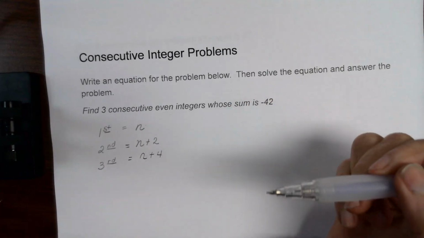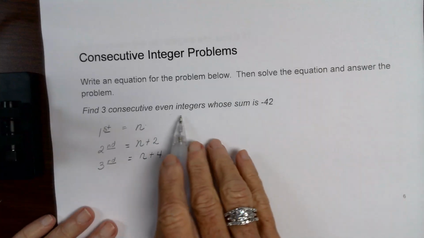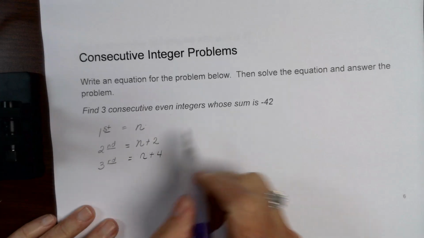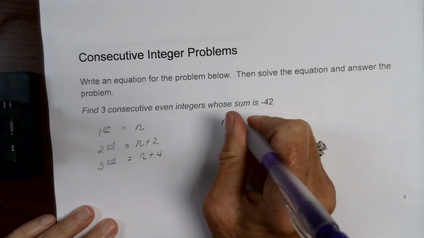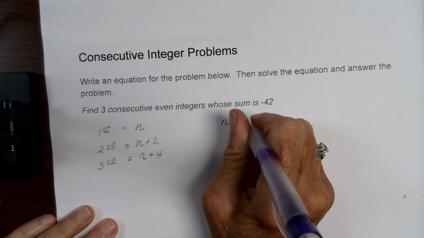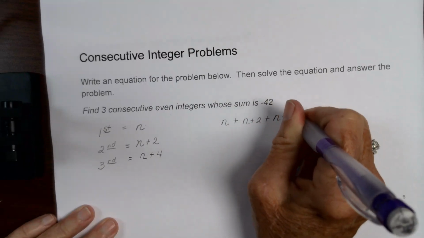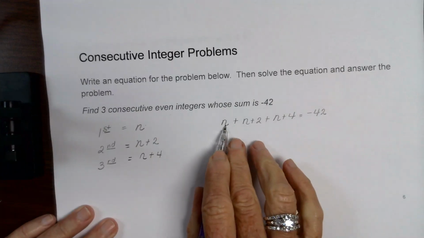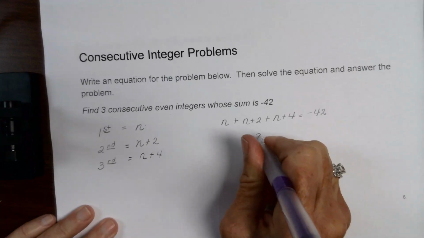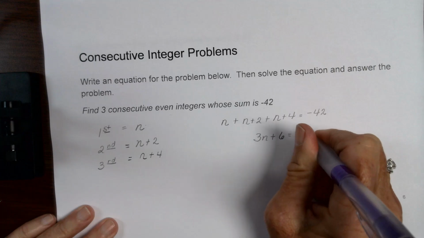So those would be 3 consecutive integers. But I don't know what n is, but I know when I add these 3 together, I get negative 42. So I can write my equation. N plus n plus 2 plus n plus 4 equals negative 42. So I have 1, 2, 3 n's plus 6 equals negative 42.